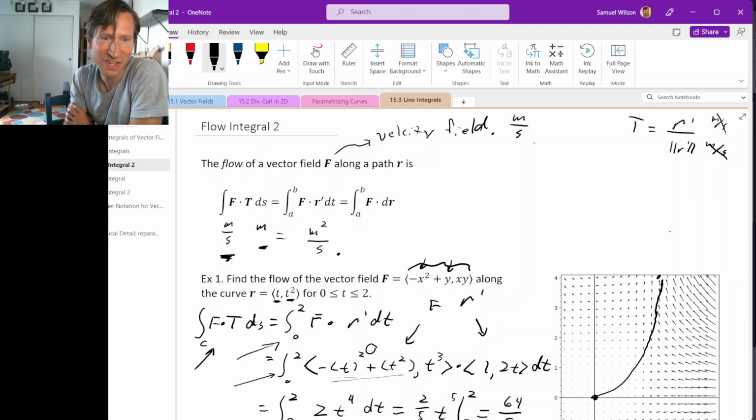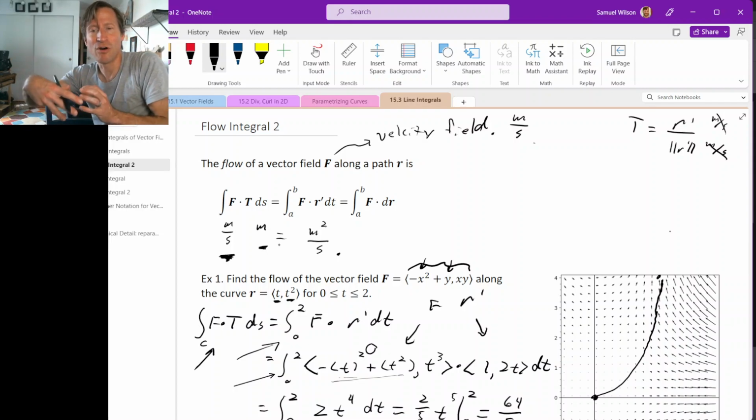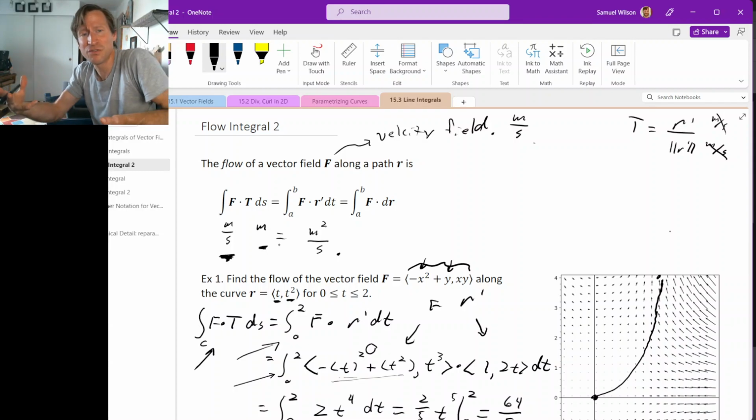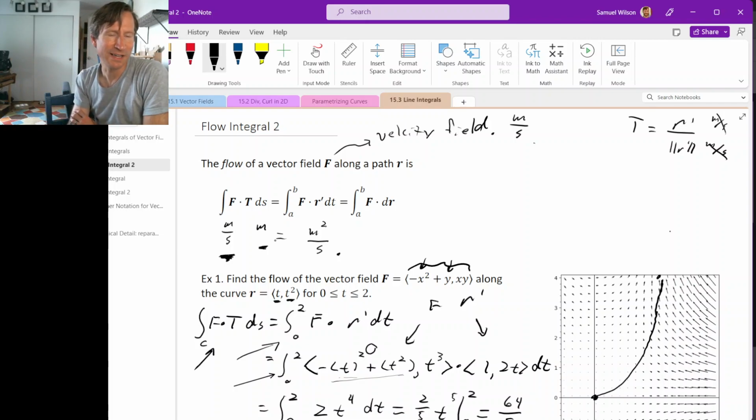But also, another part of what we're measuring is how long the curve is that the fluid is flowing along, and that's why this meters is here. So this meters times meters isn't really representing an area. It's here because there's a velocity and also a length in the thing that we're measuring, and so those units get multiplied.